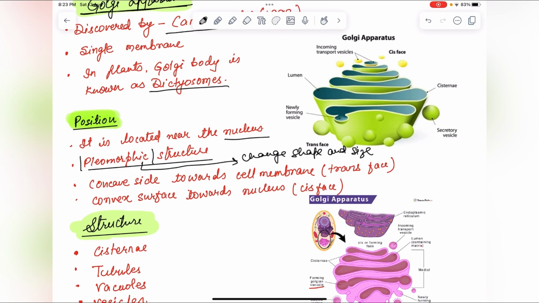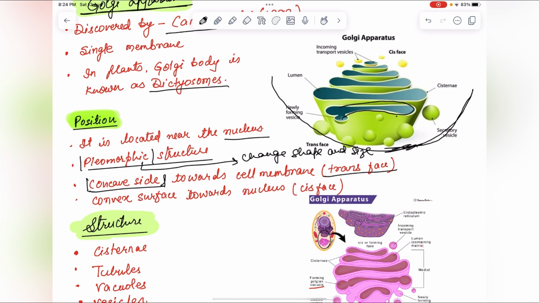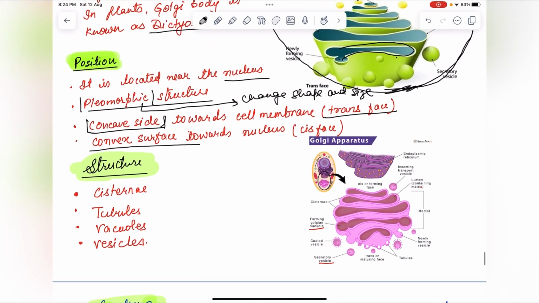Golgi body is always directed towards the cell membrane. The concave side is directed towards the cell membrane, that is called trans phase, and the convex surface towards the nucleus. So here I'll show you the structure.